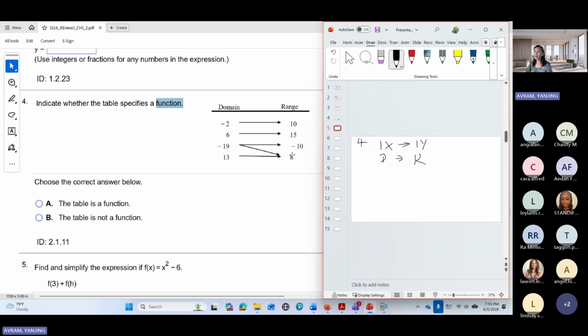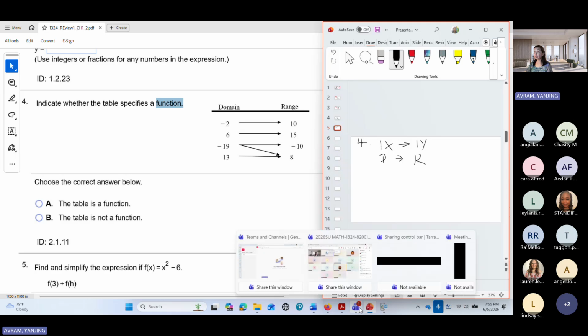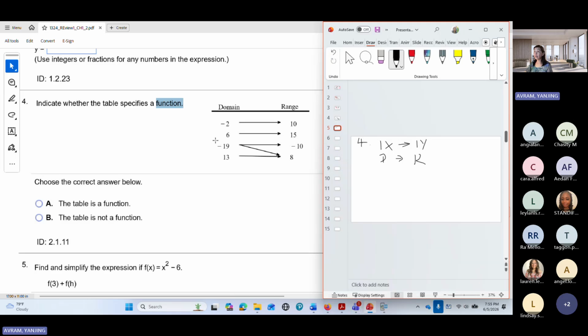So is this a function or not? Is this table a function or not? According to the concept, everyone, yes or no? All right, how about typing in the chat, or you can unmute yourself and give me an answer.